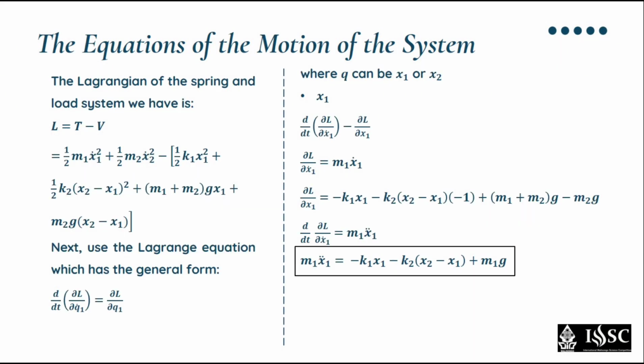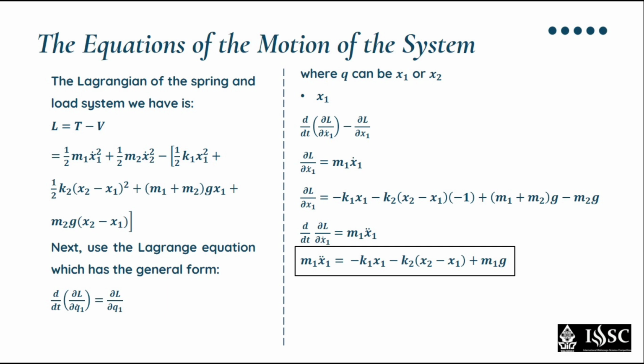The Lagrangian of the spring and load system we have is L equals T minus V equals half m1 x dot 1 squared plus half m2 x dot 2 squared minus half k1 x1 squared minus half k2 (x2 minus x1) squared plus (m1 plus m2) g x1 plus m2 g (x2 minus x1).